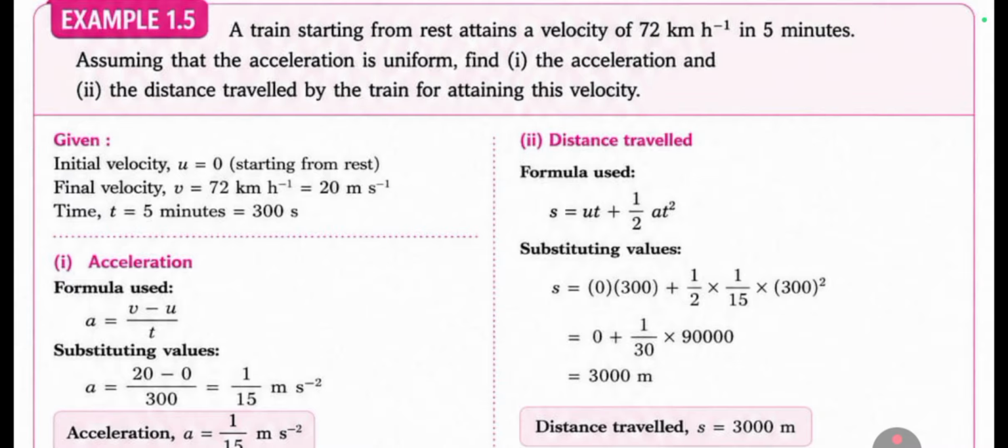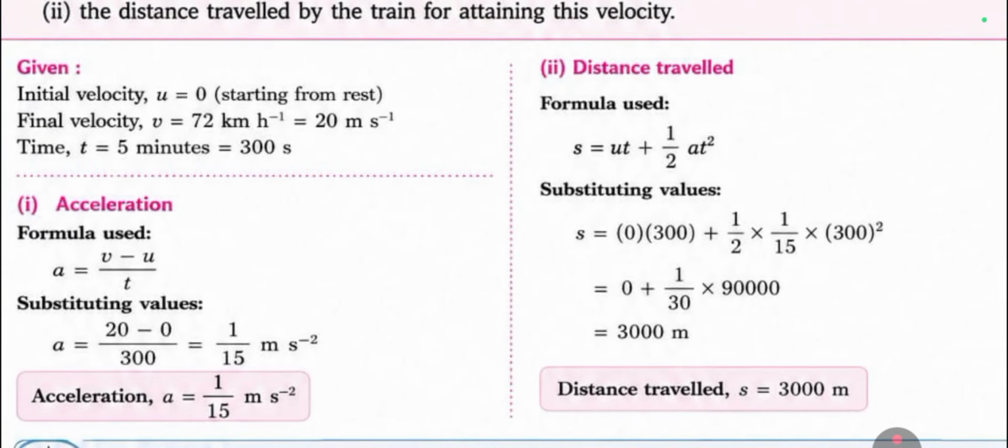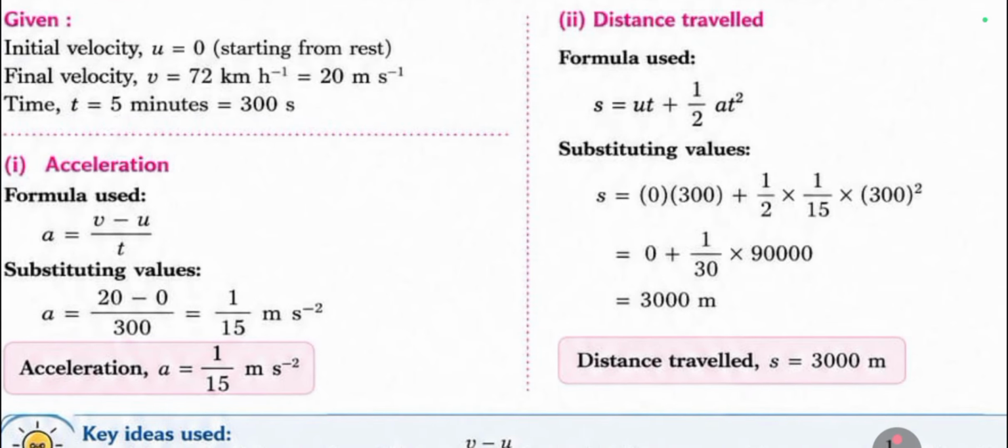Now substitute the values of u, v and t in this formula. So a is equal to 20 minus 0 by 300, which equals 1 by 15 meter per second square. So acceleration a is equal to 1 by 15 meter per second square.